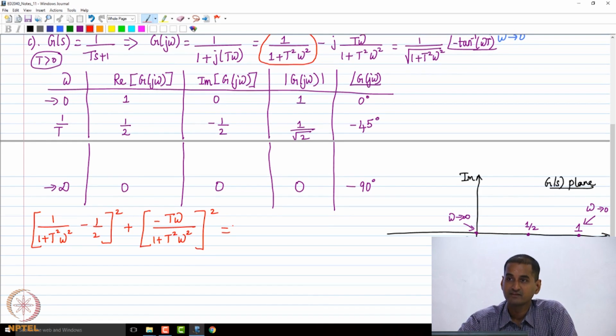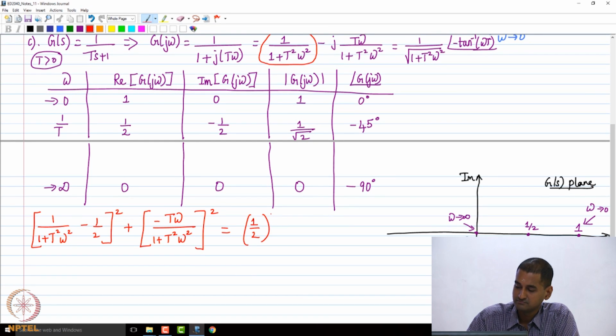See, I have given you this because I a priori know what the answer is, so I am just asking you to do it and tell me. One by 4, right. I have rewritten it as 1 by 2 whole square.